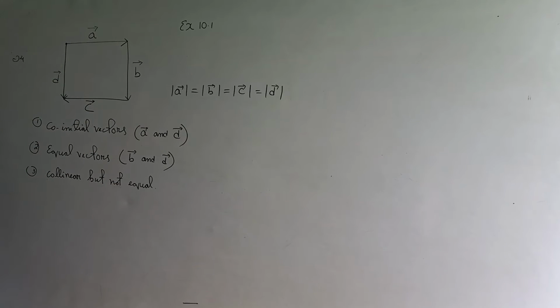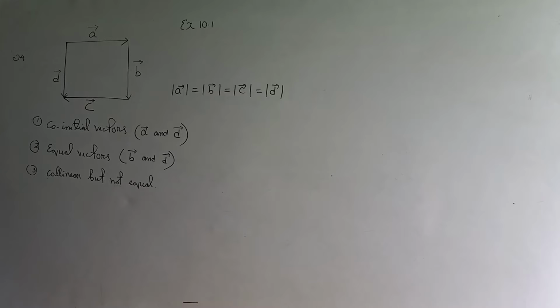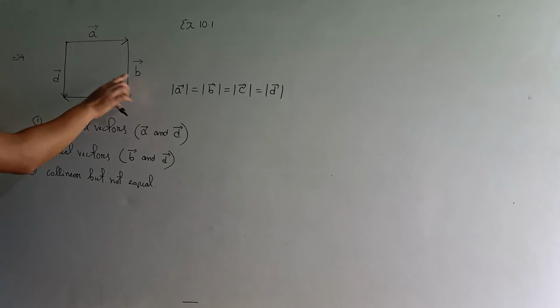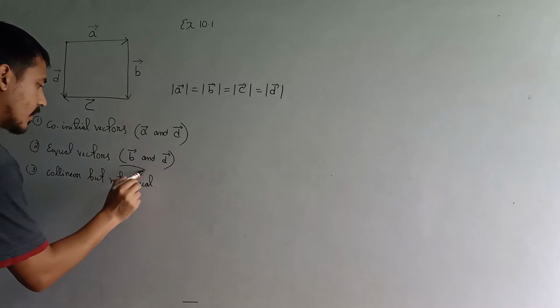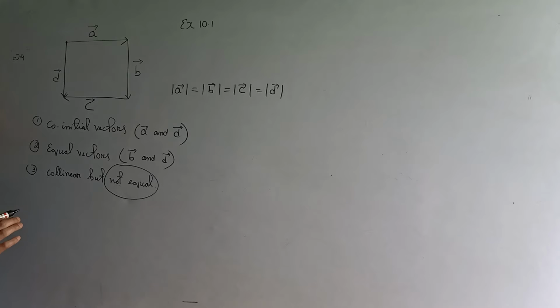Can you see any vectors which are parallel here? B and D are parallel but also equal, right? But they are saying they should not be equal. B and D, why are they equal? Because they have the same direction. Of course they are parallel, they are also collinear because they are parallel.